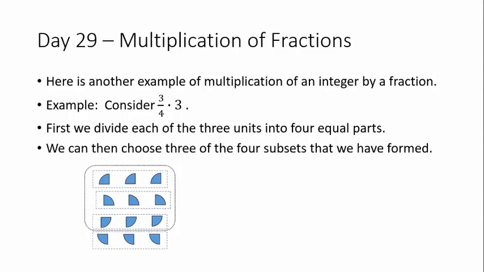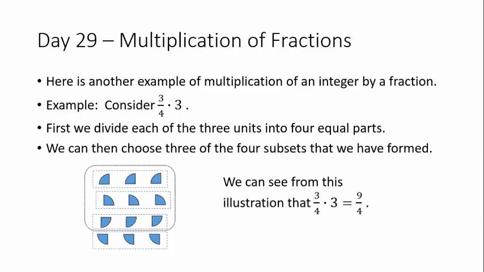As we count inside the part that I've separated here, you'll see that I have 9 pieces. These are 9/4. So the product, 3/4 times 3, is equal to 9/4. You may want to think about this a little more. Think about what we did and why we had to go through this process.